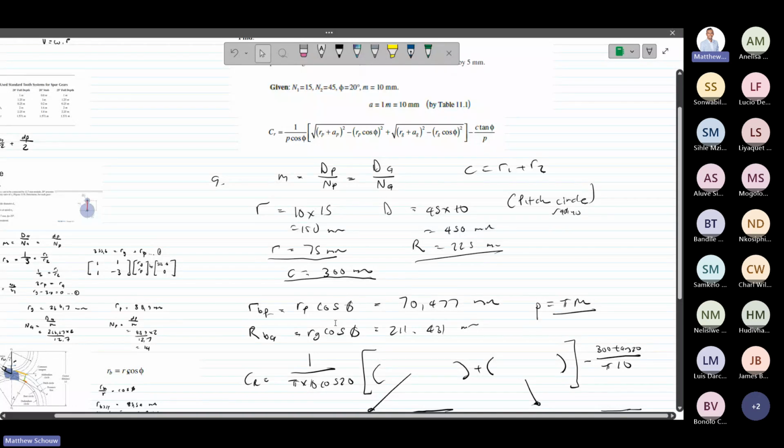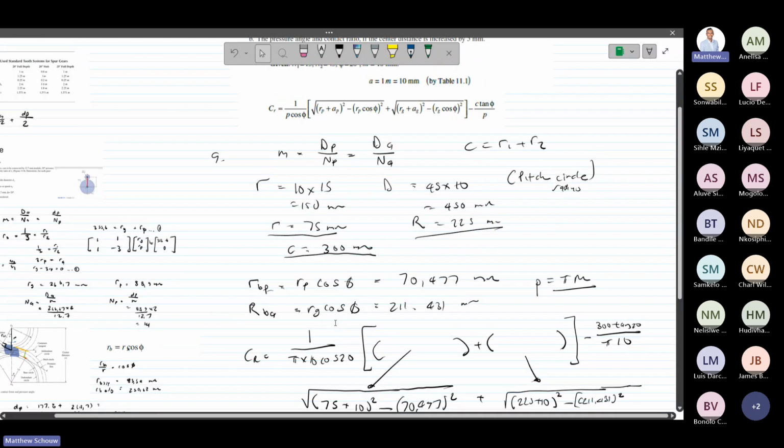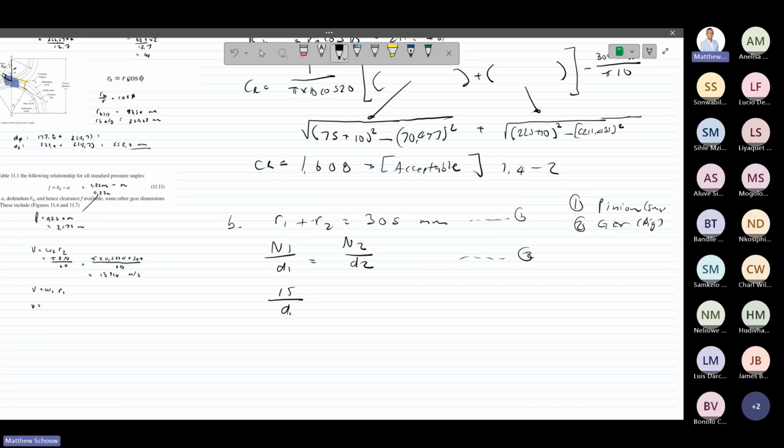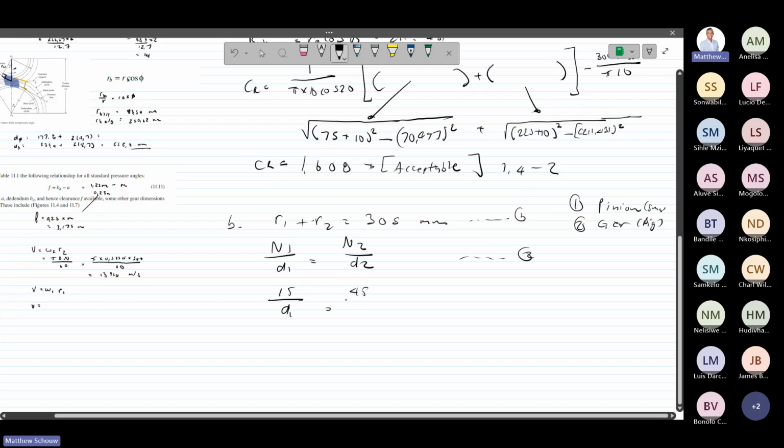Oh, it was 15 and 45. So this one is 15, right? You can call it whatever, just say 1 for pinion, 2 for gear. Just in case, pinion is the small gear, guys. Just to recap, gear is the big one. 15 over D1, the other was 45 over D2, we can do a cross multiply.